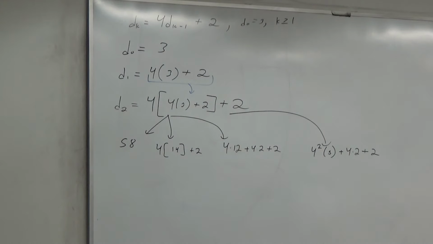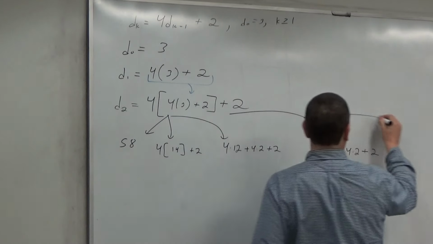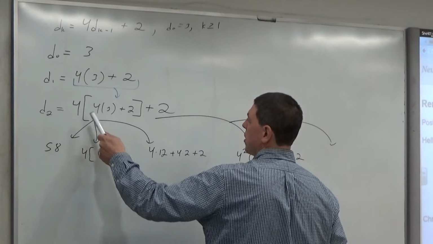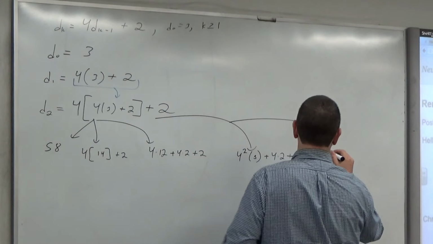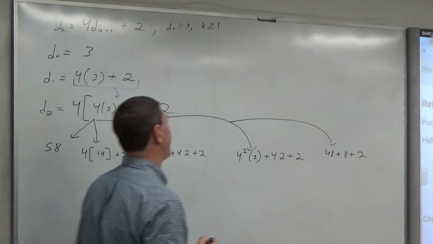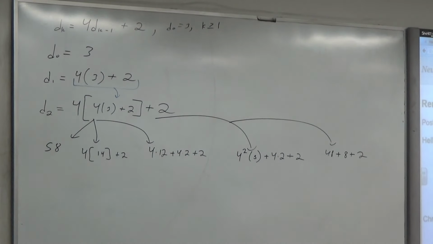Another way, if I really wanted to, is I could just write this as 4 times 12 would be 48, plus 8, plus 2. So the question is, which of those ways is the best way to write this? There are 5 different ways.